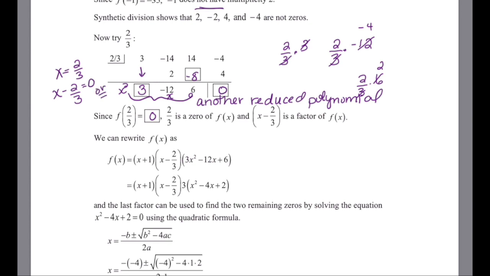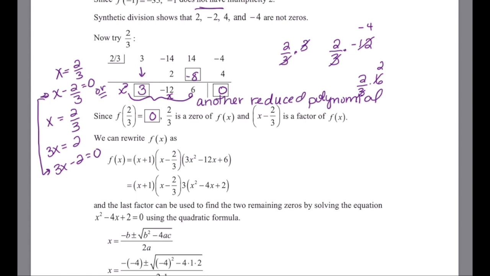Or we could write it as multiply each side by 3 and then subtract 2. So these two values are equivalent, depending upon how you want to write it. I'm okay with either one. But we do have x plus 1 as a factor that we found on the front page. We have x minus 2/3 as a factor, which we just found.